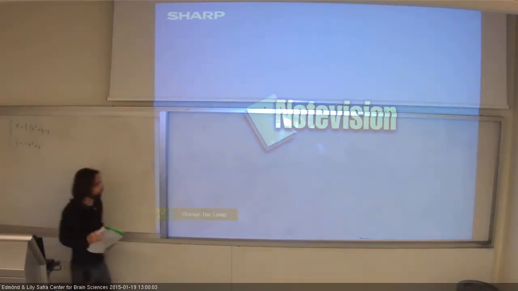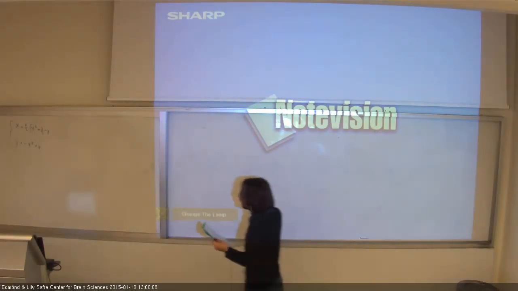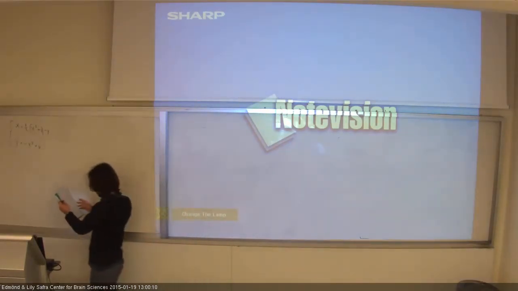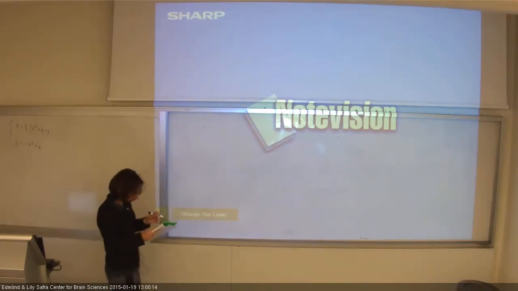So if you remember, it was not easy to find a fixed point for this, but we were able to draw the null lines and then find where they intersect.